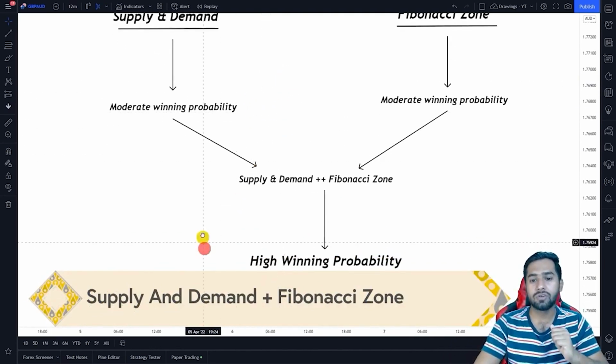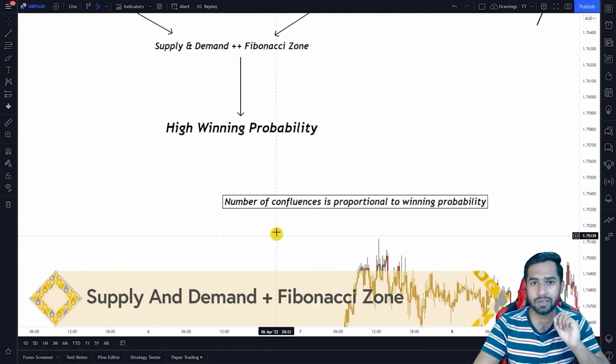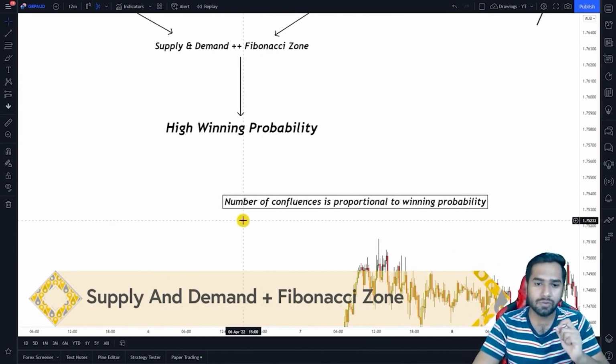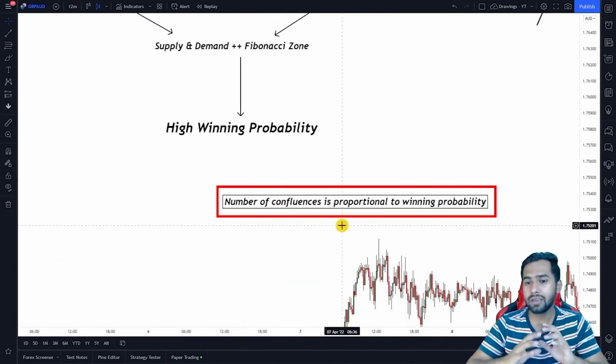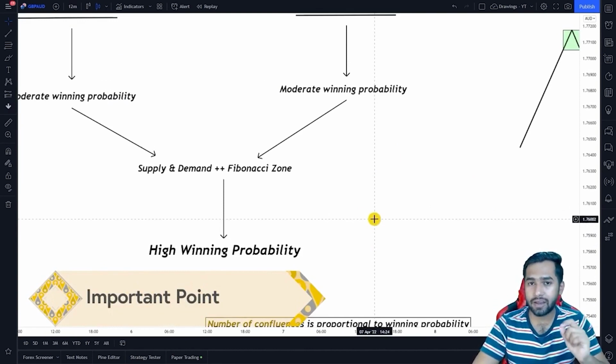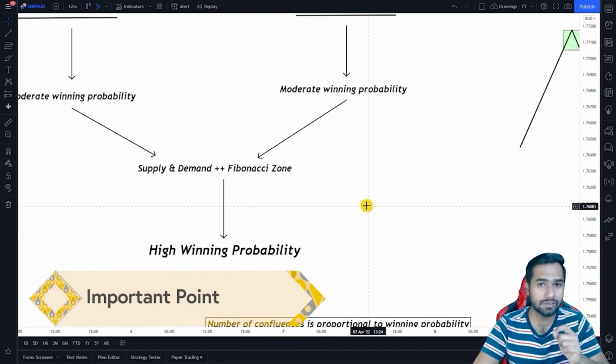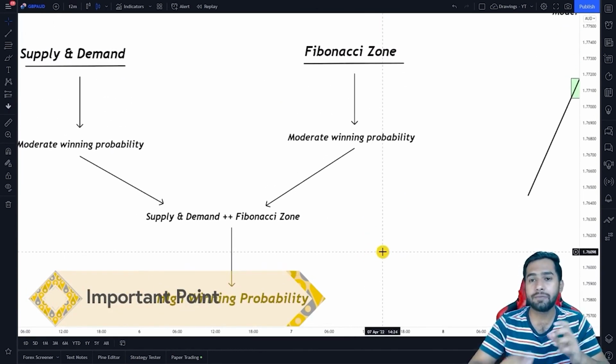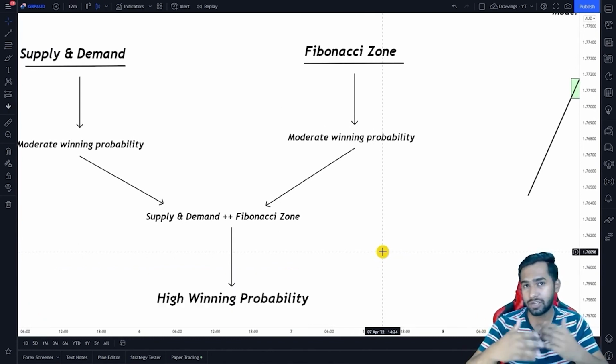Okay, so if we want to make a statement in this video, that would be the number of confluences is proportional to your winning probability. Now there is one thing that you should keep in mind, that you should not add more than 3 confluences to your trading strategy, because if you keep on adding confluences, the chances of your strategy winning will increase.